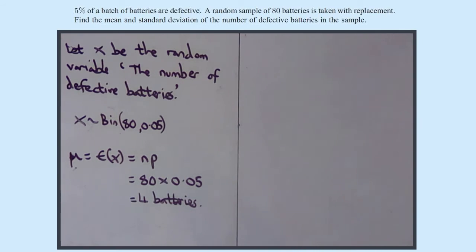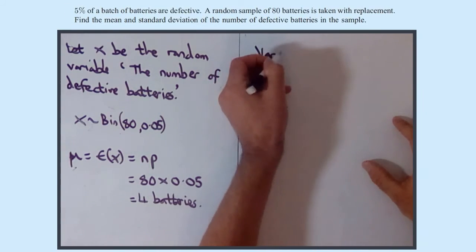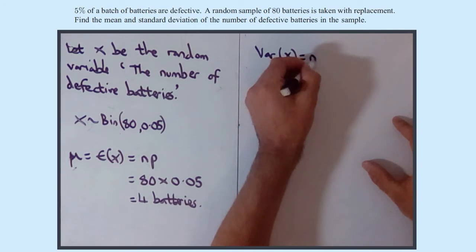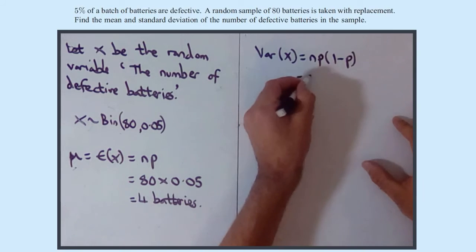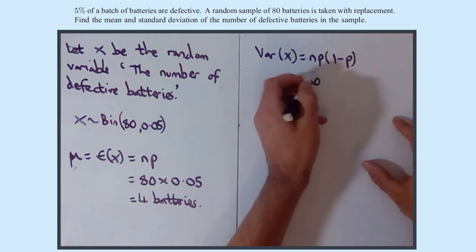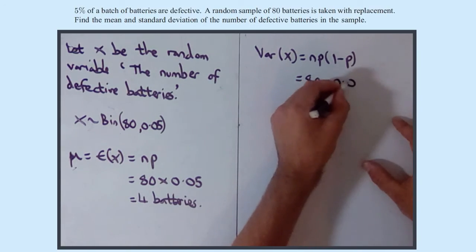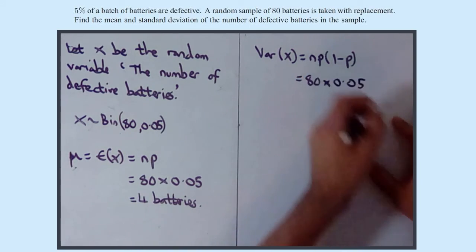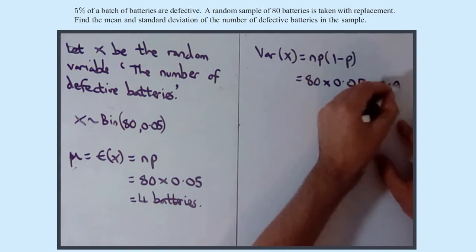So for the standard deviation, we know that the variance is np(1 minus p). So the variance of x equals np times 1 minus p, that would be n, 80, times p, 0.05, which we know is 4 from the first part, times 1 minus p, which is 0.95.